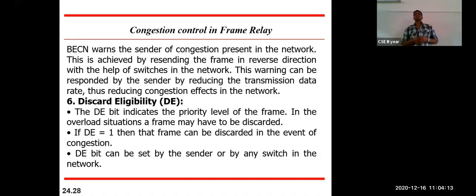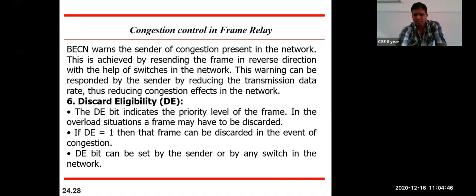Just like in TCP explicit congestion, you had forward signaling and backward signaling. Same thing here. Forward to warn the receiver to slow down the acknowledgements, backward to warn the sender to slow down the frame relay frames. Done? This is how congestion is controlled in frame relay networks by using two single-bit fields called FECN and BECN.